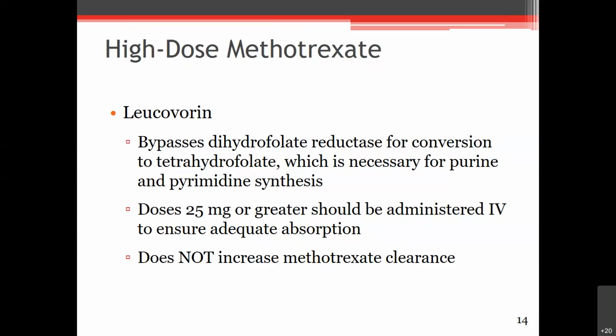And then a common misconception with leucovorin is that it actually helps get rid of methotrexate, but it's important to know that while this is going to help protect patients' cells from methotrexate toxicity, it does not actually play a role in eliminating the methotrexate.